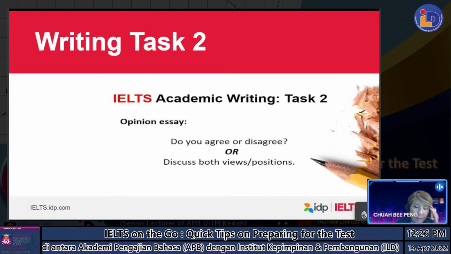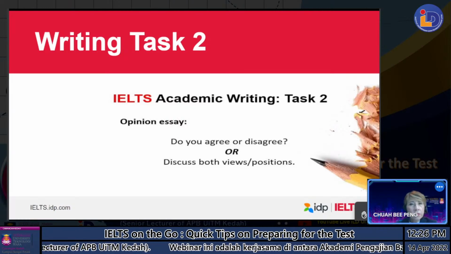Let's say you memorize a model answer in task 1 for a line graph, for example, but in your test, you actually get pie charts. Can you use the same way to write? Can you use the same way to compare? No, I don't think so.